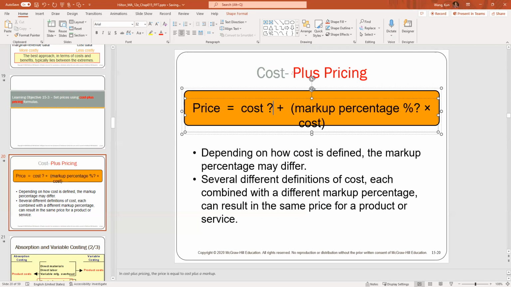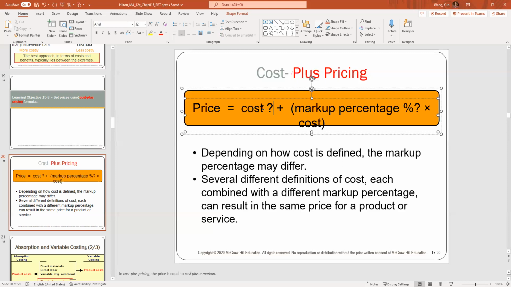Because in prior chapters, when we analyzed cost behavior, we had different layers of cost: variable production cost, variable selling and admin cost, then fixed production cost, and fixed marketing and admin cost. So depending on your cost layers, you need to consider a different markup percentage.